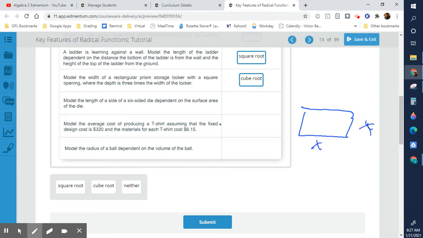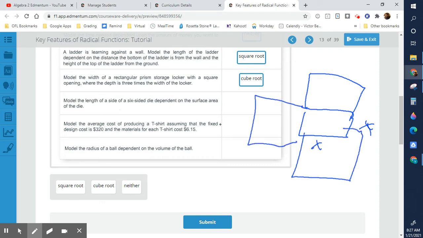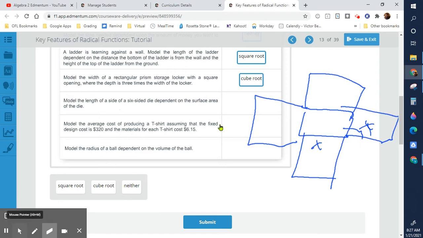But surface area is if we folded out that die and we had all 6 sides here. All 6 sides.